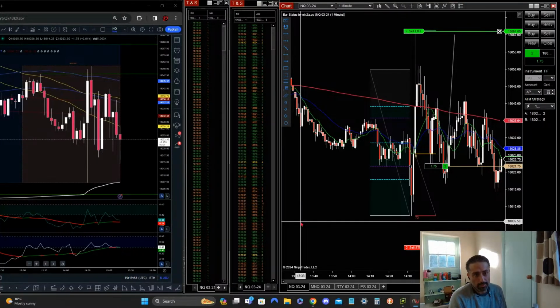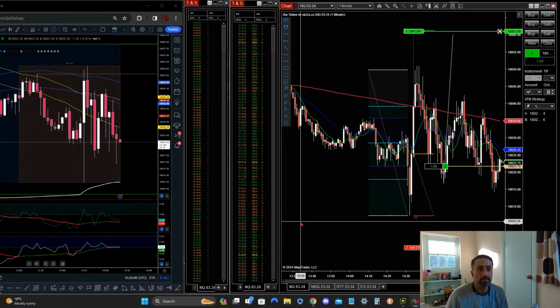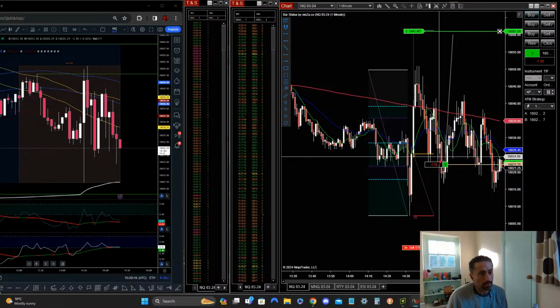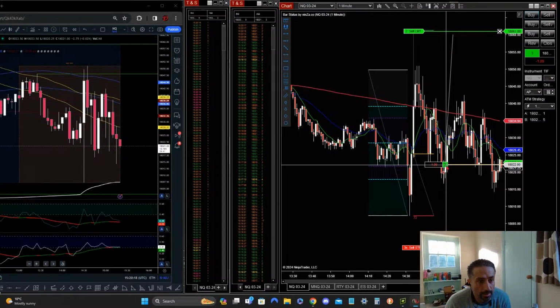Nice liquidity run, 2 targets down. Actually, I want to go heavier here. 3 contracts. Closed above there. So a little bit of a sign here. It closed above there.